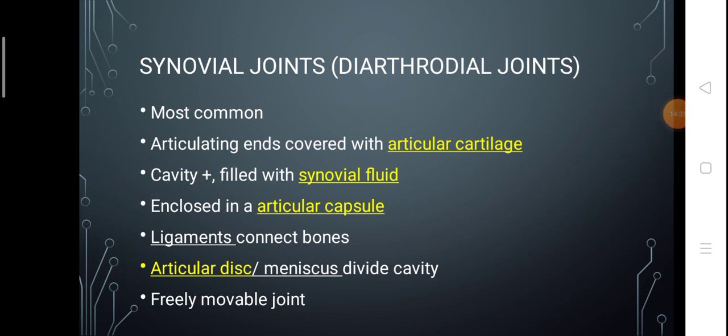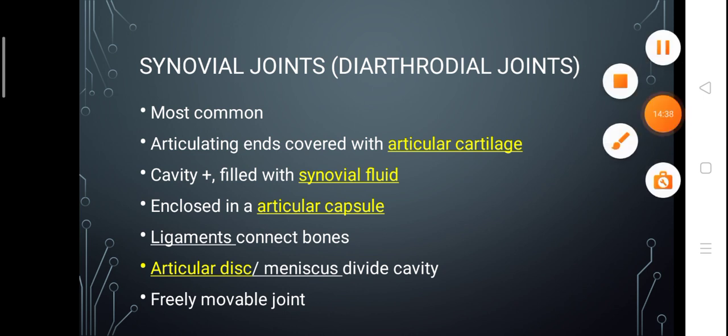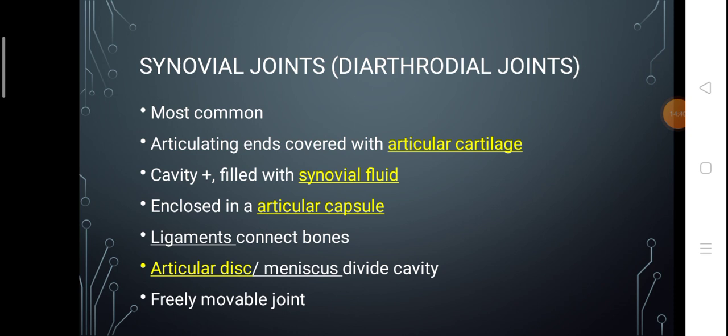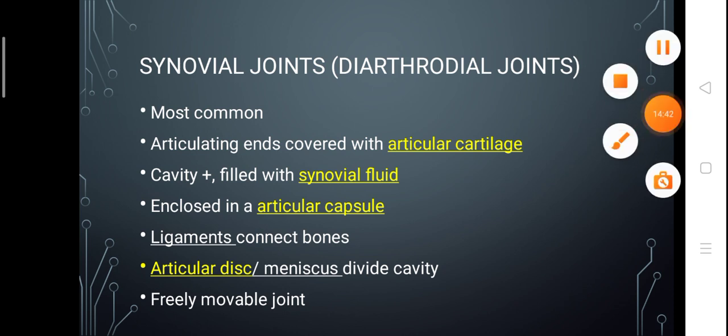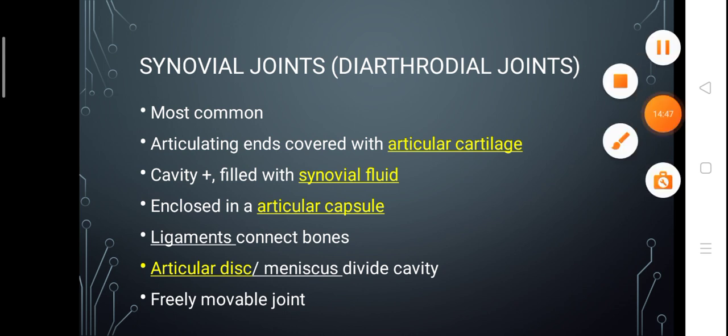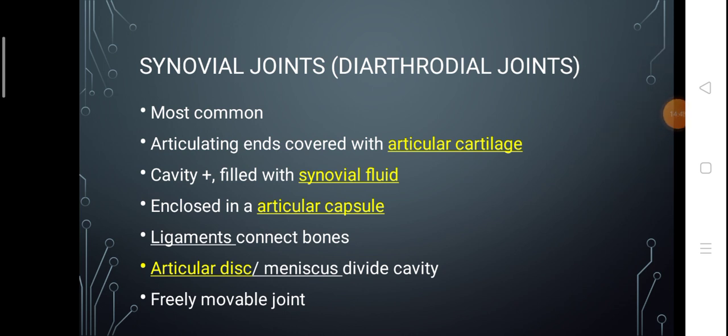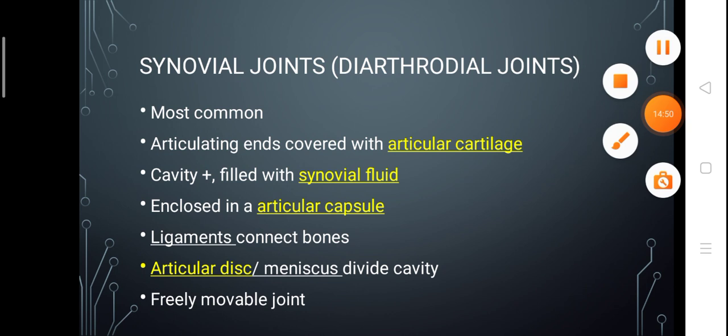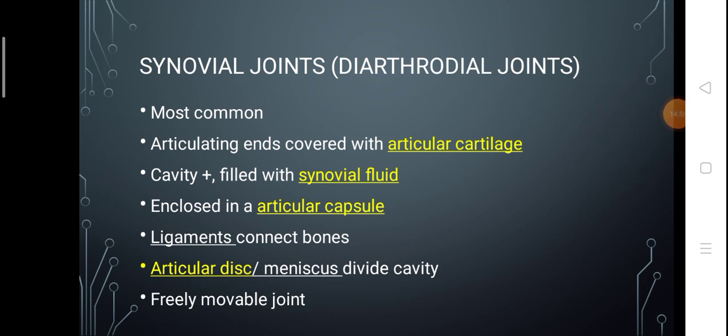The articular ends of bones forming the joint are enclosed in an articular capsule, and ligaments outside the capsule connect the two bones. There is an articular disc or meniscus which divides the joint cavity into two compartments.